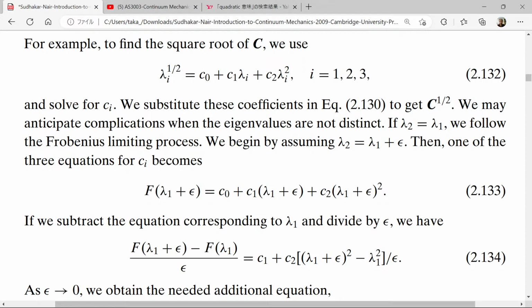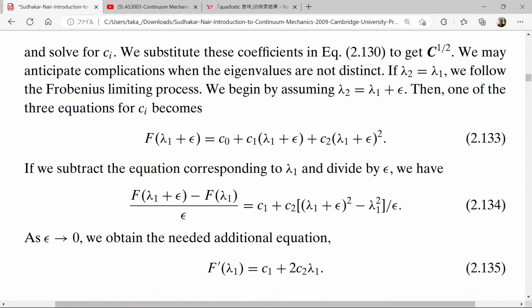We subtract the equation corresponding to lambda 1 and divide by epsilon, we have. As epsilon goes to 0, we obtain the needed additional equation.